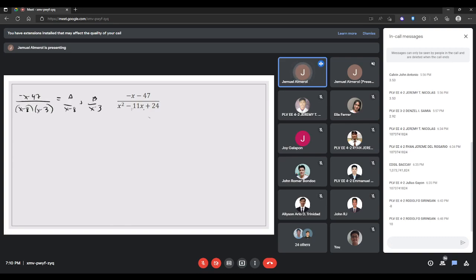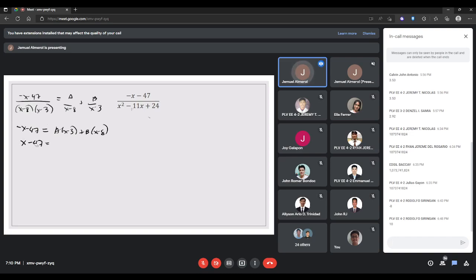Okay, so multiply natin ng LCD. Ito ang LCD. No? Negative x minus 47 cross multiply lang equal to a times x minus 3 plus b times x minus 8. Sorry.